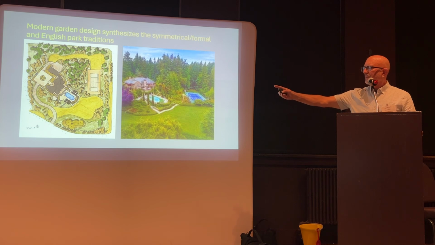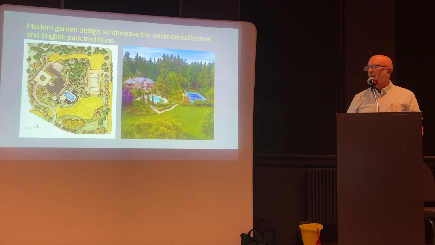But at the bottom of the pool is this very large sinuous lawn, which really has no symmetry to it. It's completely natural or naturalistic, as the British would have. And so you can actually incorporate both of those styles of garden design in one garden if the property is large enough to allow that.